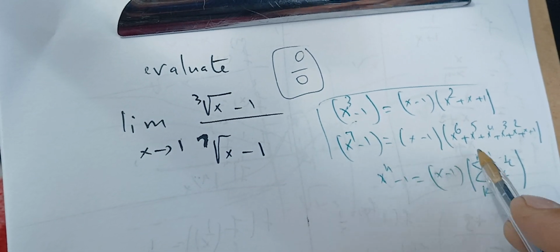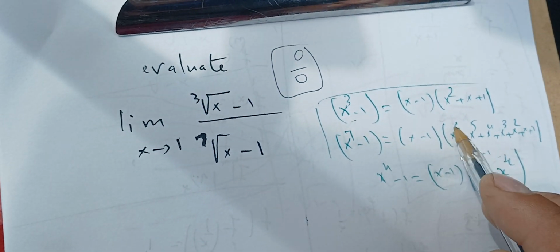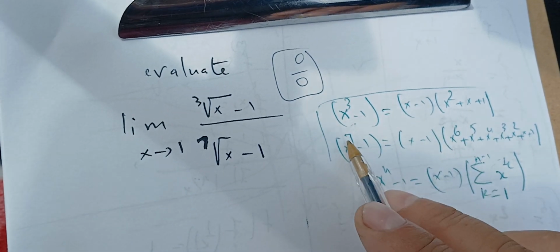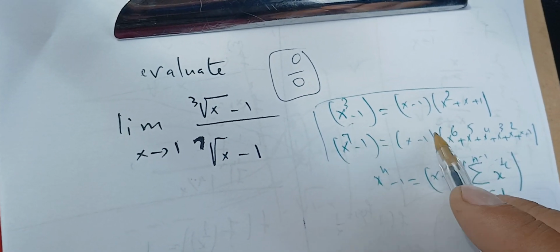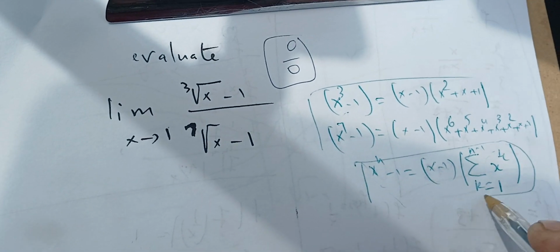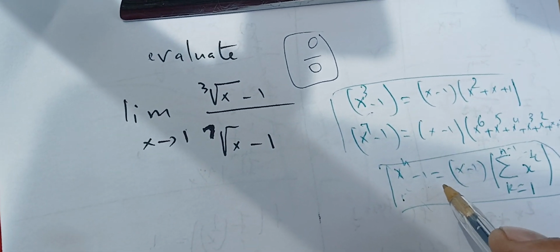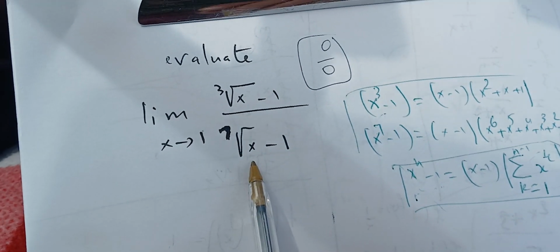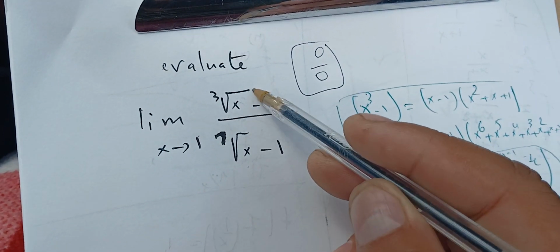Here n is 7, so n minus 1 is 6. The same thing holds for the other one. So this is true in general, and we need to remember this one. We're going to use it for both of these.